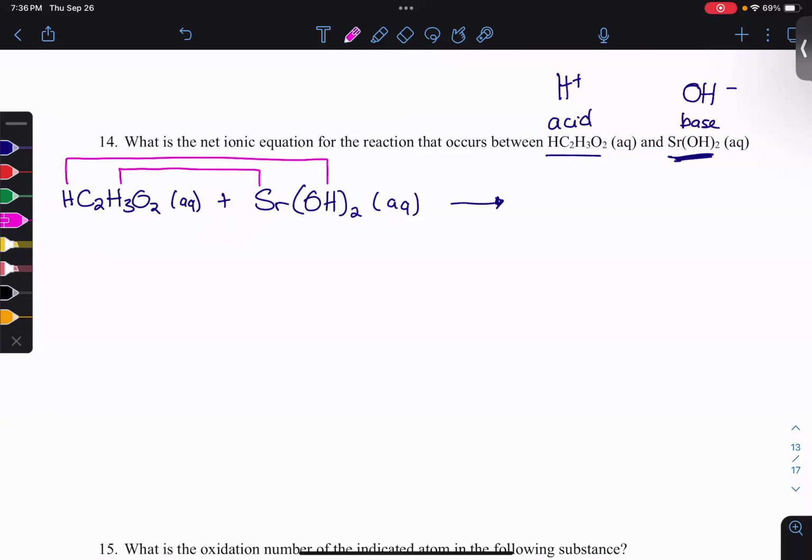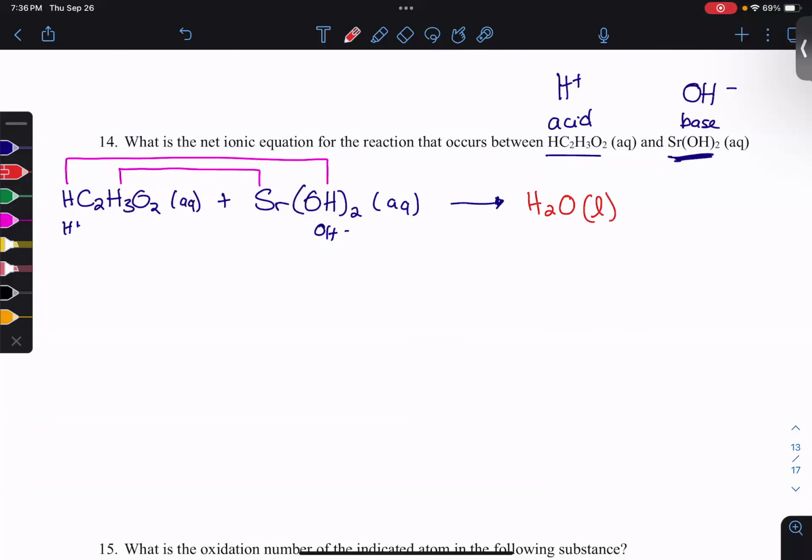The cation on one compound is going to go with the anion in the other compound. So what do we get? We're combining an H plus and an OH minus. What is that? That is H2O. You might say, oh no, it's HOH. No, just rearrange it. It's H2O.